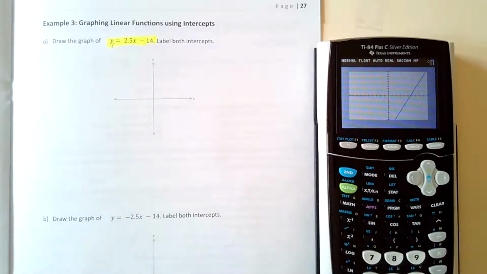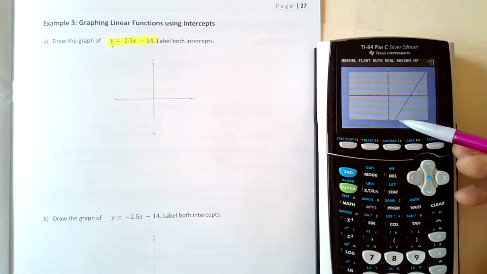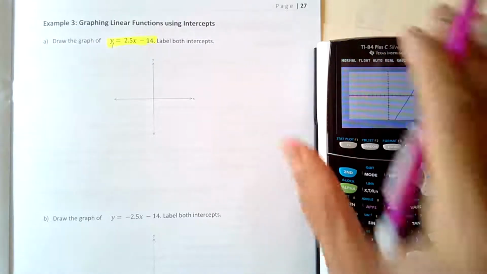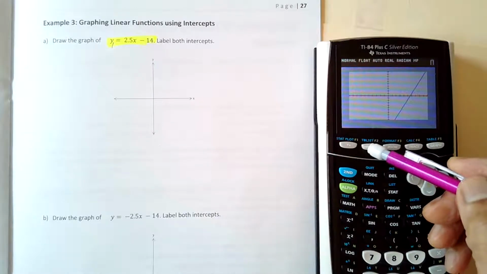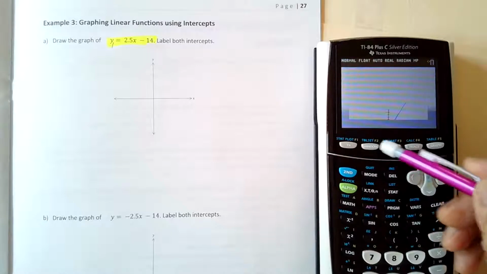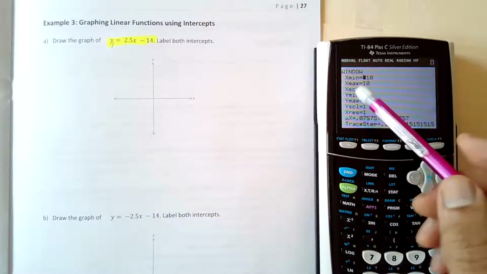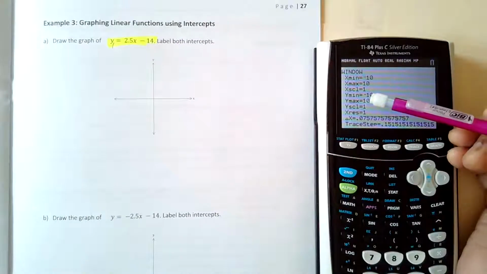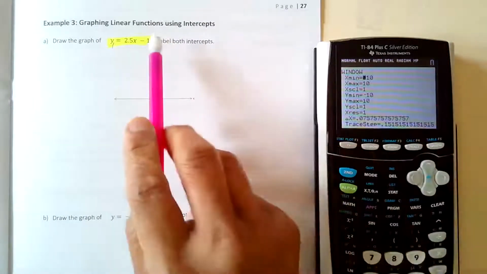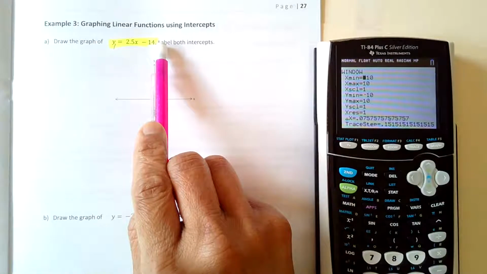Now notice, I'm not seeing my y-intercept here because my window is too close. I need to zoom out. I can do that by going to my window setting and changing it. Notice my y-intercept is negative 14, so y minimum should be far lower than negative 14.